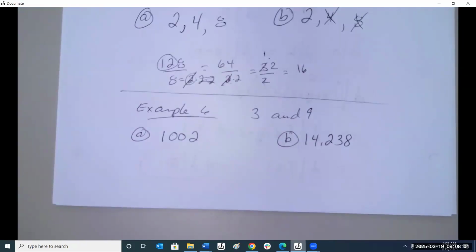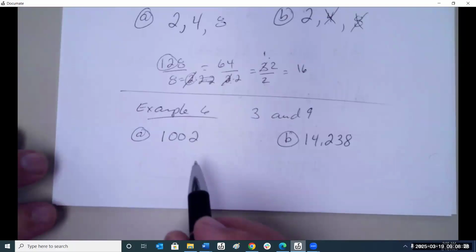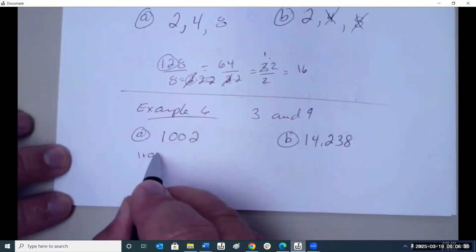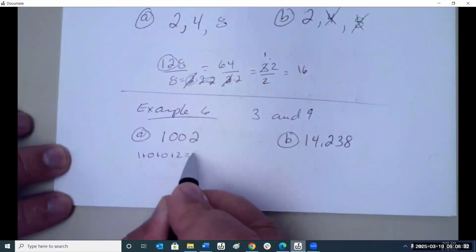So what's the rule for dividing by 3 and 9? The question was, what's the rule for dividing by 3? And then what's the rule for 9? The rule for 3 is add them up and divide. Is the answer divisible by 3? So we have 1 plus 0 plus 0 plus 2.